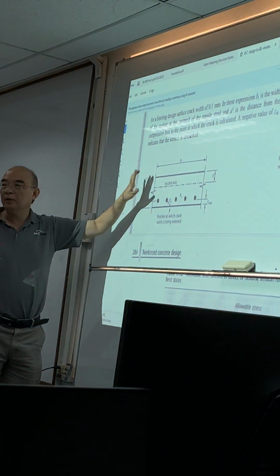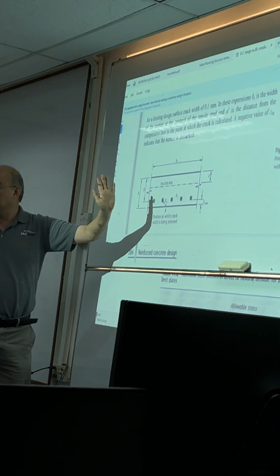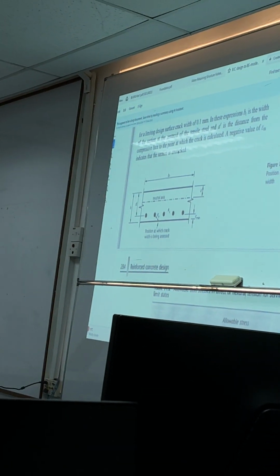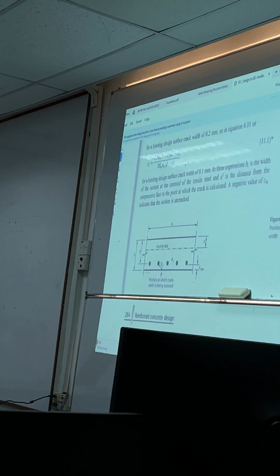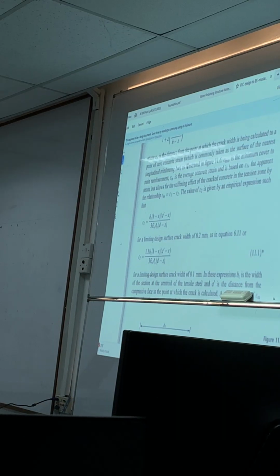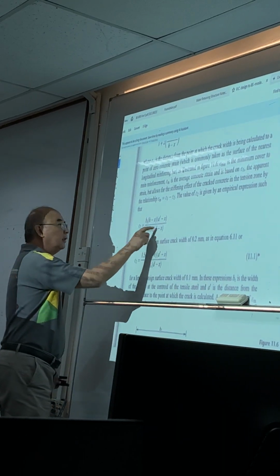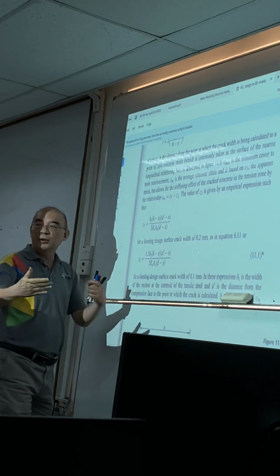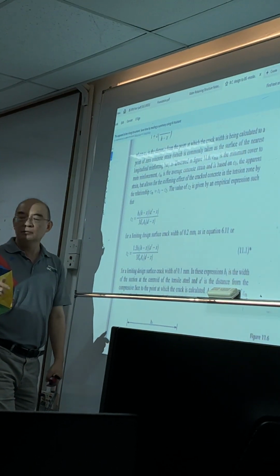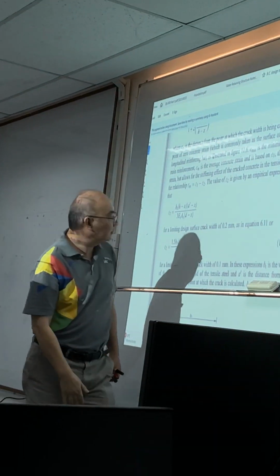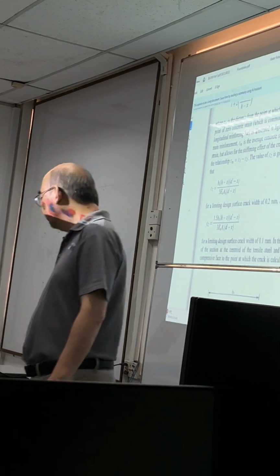So that explains what h minus x and d minus x are. Here, b is the width, in this case 1000. And what is this one? This is a prime minus x.